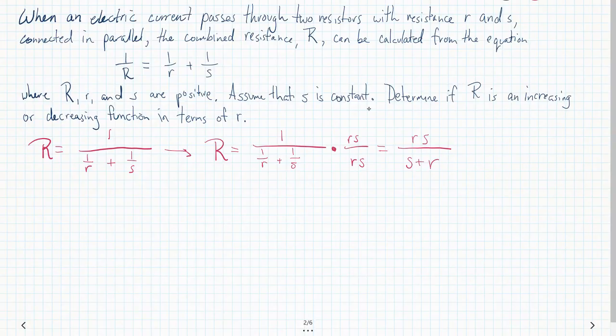Now remember, little r is your variable, s is a constant. So we can actually take this derivative with respect to little r, not s, s is our constant. And when we take that derivative, what do we get? Well, we have to use the quotient rule.